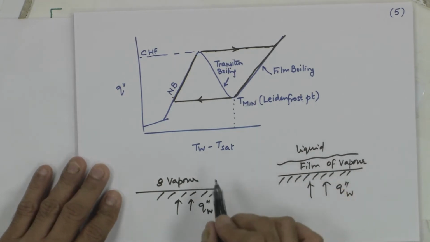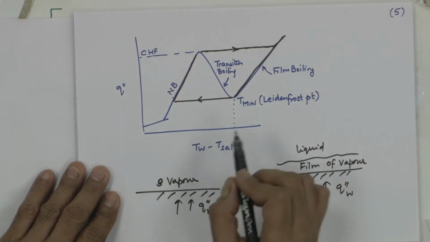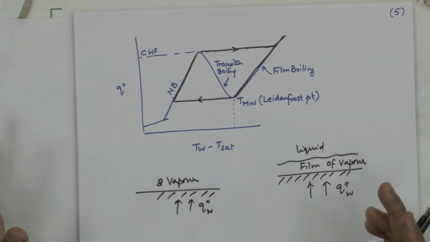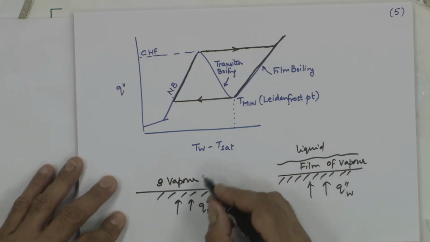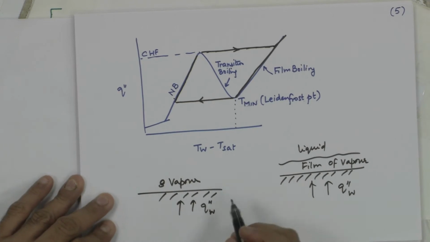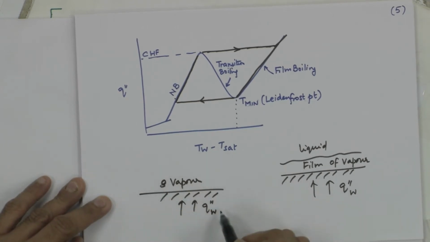When you are in a situation of CHF because of dry out, no more liquid is there, you will be in this situation. Point being, both of them result in the same problems, that there is no sink for good heat transfer to occur.